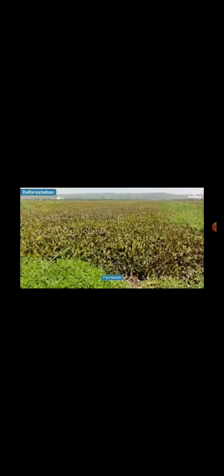Now, let us learn about deforestation. Man has often cleared forests to make land available for farmlands, houses, residential areas, townships, roads, and so on. This large scale clearing of forests is called deforestation.